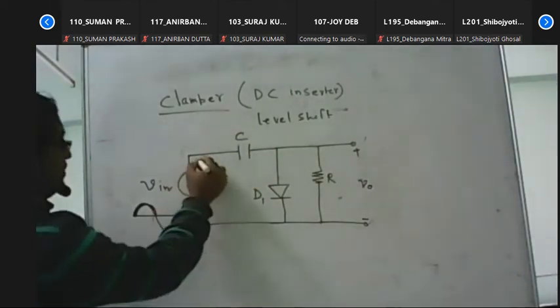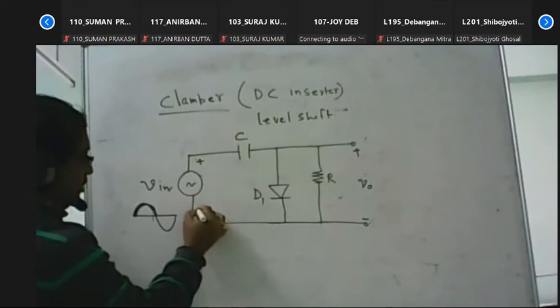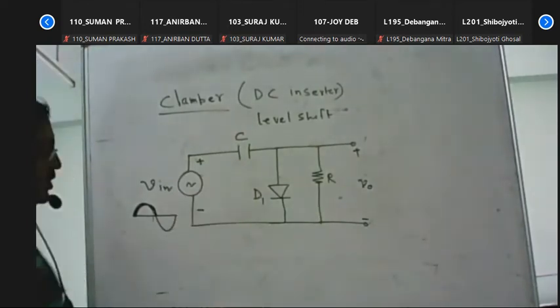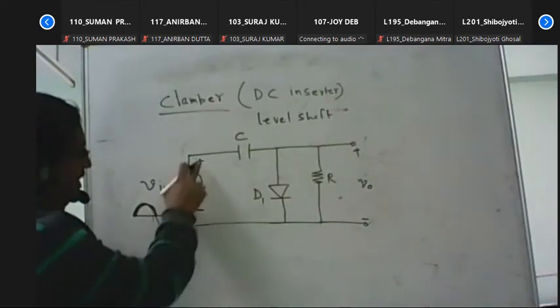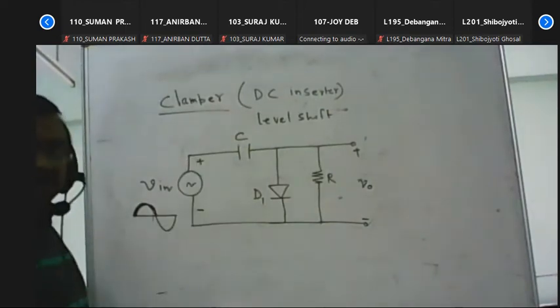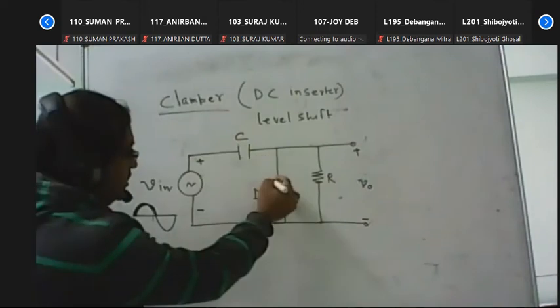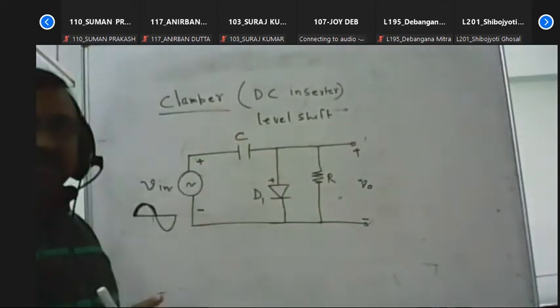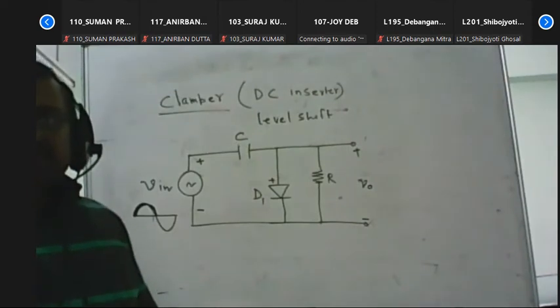In the positive half cycle, this end is positive with respect to that end, because these are the reference terminal. The diode's positive terminal is connected with the positive terminal of the supply, so the diode is in forward bias condition.